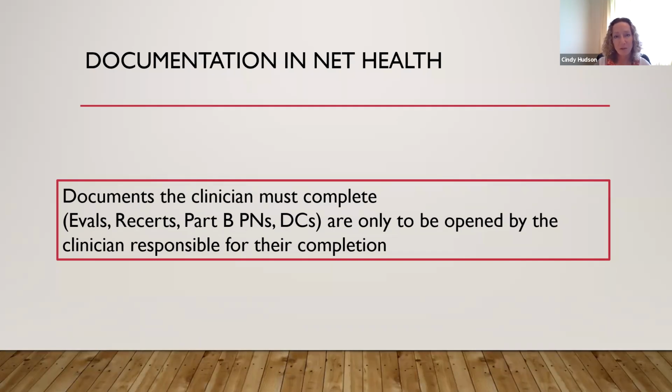We cannot prove in a court of law or in any way, shape, or form who owns what piece of that document. So even if all you did was open it, trying to be helpful, we can't prove what information you did or didn't contribute to that document. And we are highly at risk of being out of compliance with CMS regulations, licensure laws, and ARBOR regulations. So just don't do it. If you don't want to own it, don't open the document.